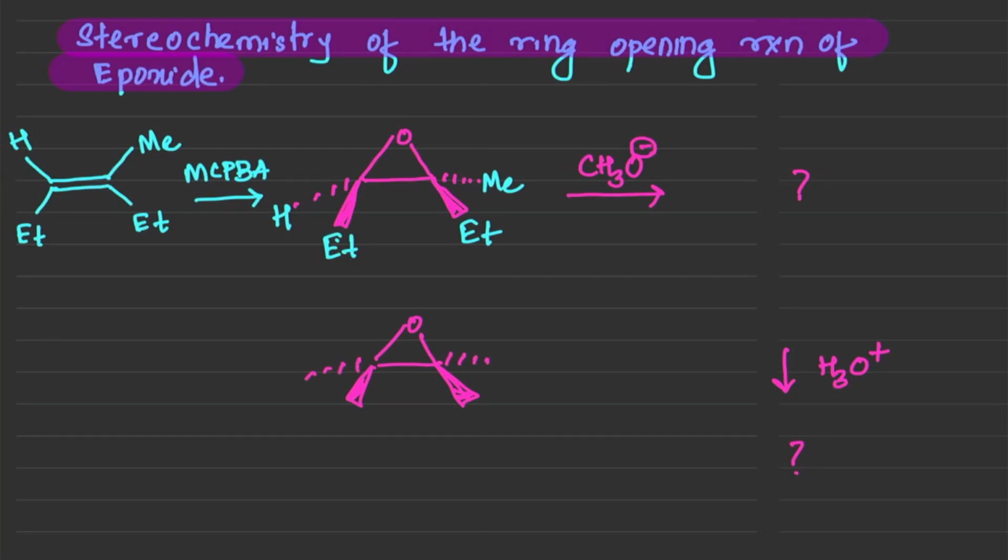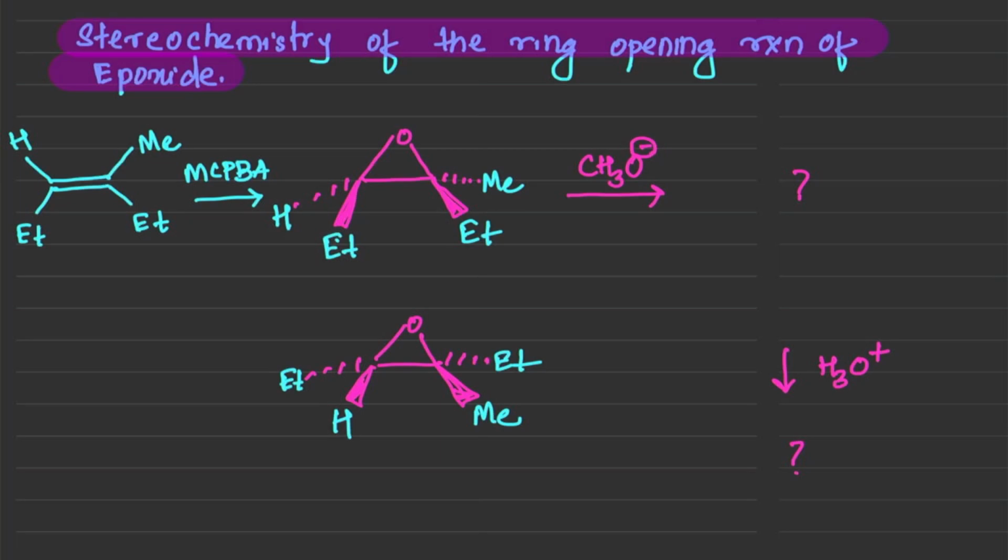Okay, so now I'm going to write the ethyl group on the opposite side of the wedge. Opposite side of the wedge would be dash. So I will write my ethyl groups here and here. And that leaves my hydrogen and methyl group on the wedge.